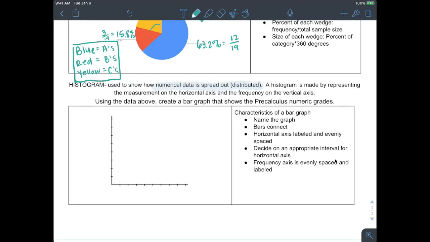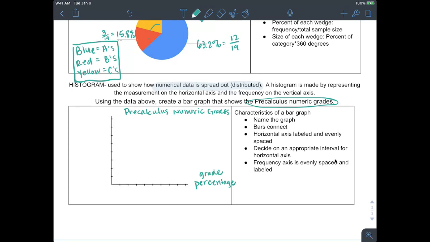Now remember, it's numerical data, so what we're graphing is pre-calculus numeric grades, not letter grades, or percentages, okay? So we're going to write the grade percentage.